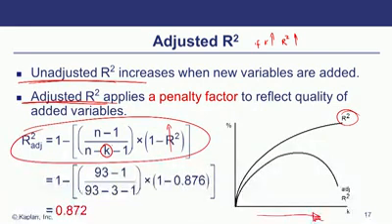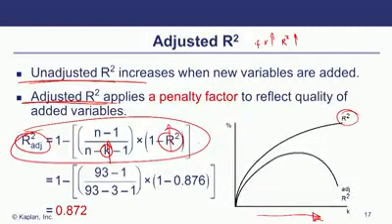So as R squared goes up, k goes up as well. So in that case, adjusted R squared may go up if the new variable is powerful enough to cause adjusted R squared to increase significantly. But adjusted R squared may also go down if the newly added variable is doing a poor job.